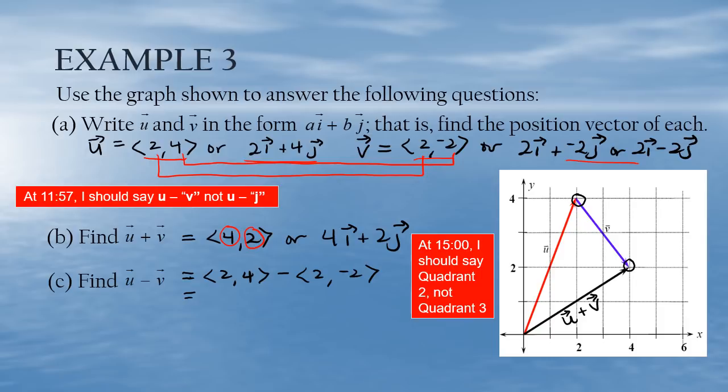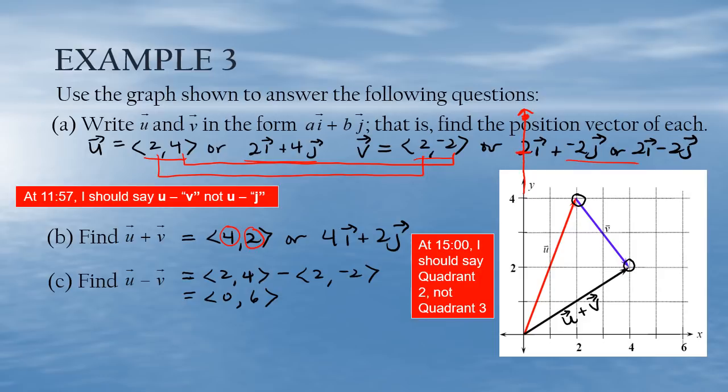And if I do that subtraction, let's see, 2 minus 2 is 0, and be careful here, we have 4 minus a negative 2, and so that puts me at 6. Now, where is that? It looks like starting at the origin, if I go nowhere on the x-axis and I go up 6 units, it actually takes me off my graph. I would have to extend this graph up above to maybe 5 and 6.